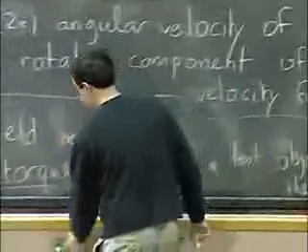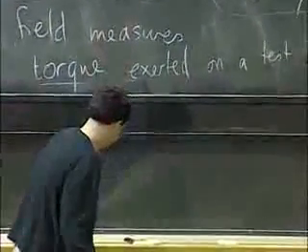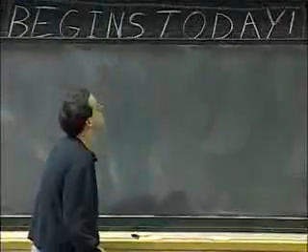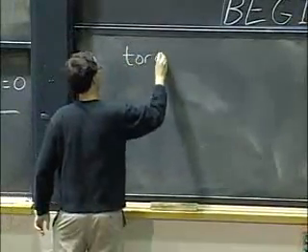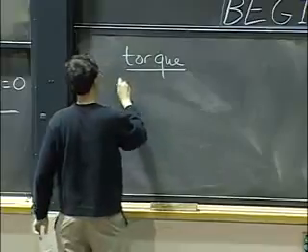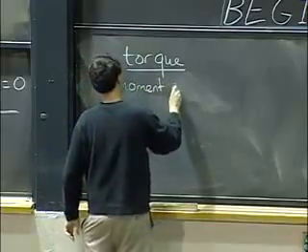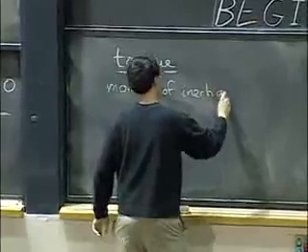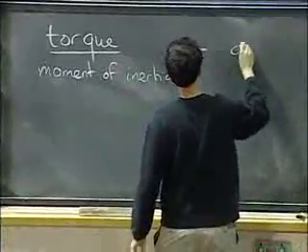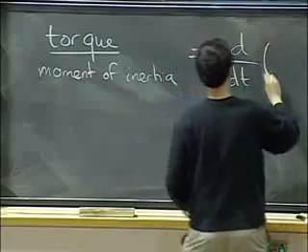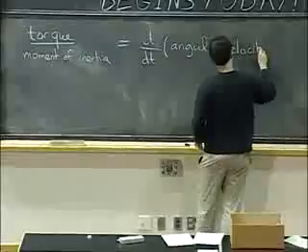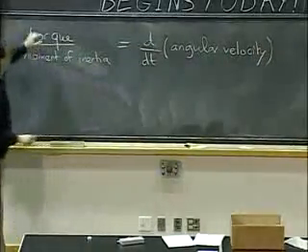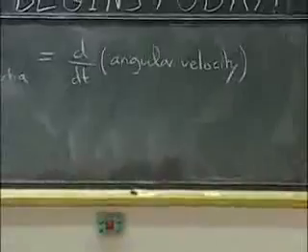Maybe I should write that down. Torque divided by moment of inertia is going to be d dt of angular velocity. I leave it up to your physics teachers to decide what letters to use for all these things.